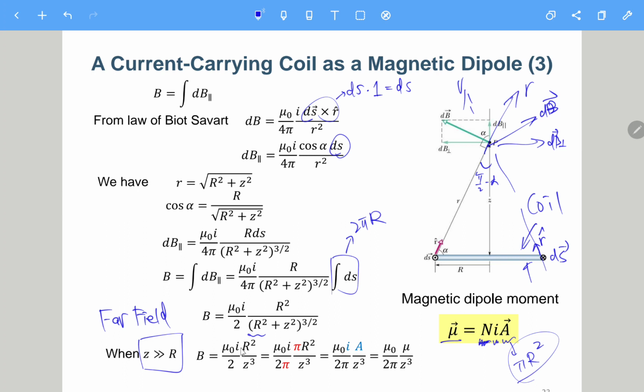Here we don't have this explicitly, and we assume that N is 1, so we just ignore N here, but of course we can put in more turns. So we multiply pi in the numerator and denominator so that they cancel, and pi R squared becomes A.